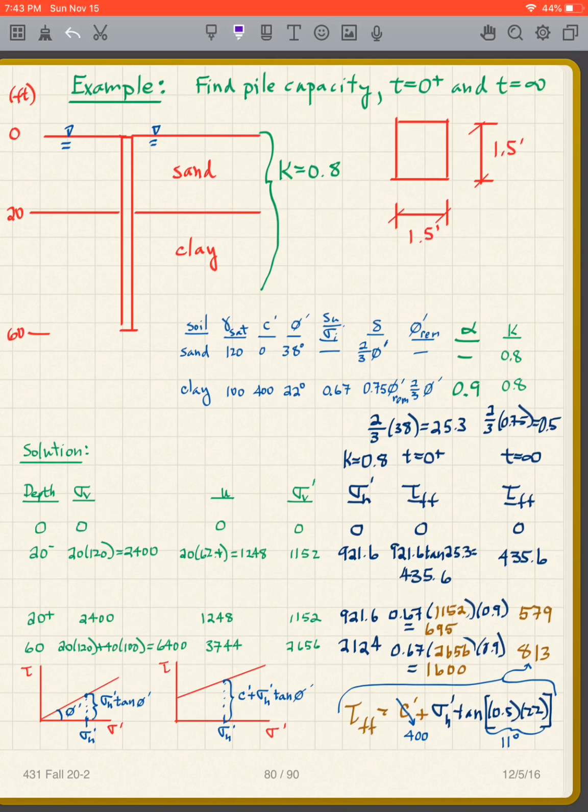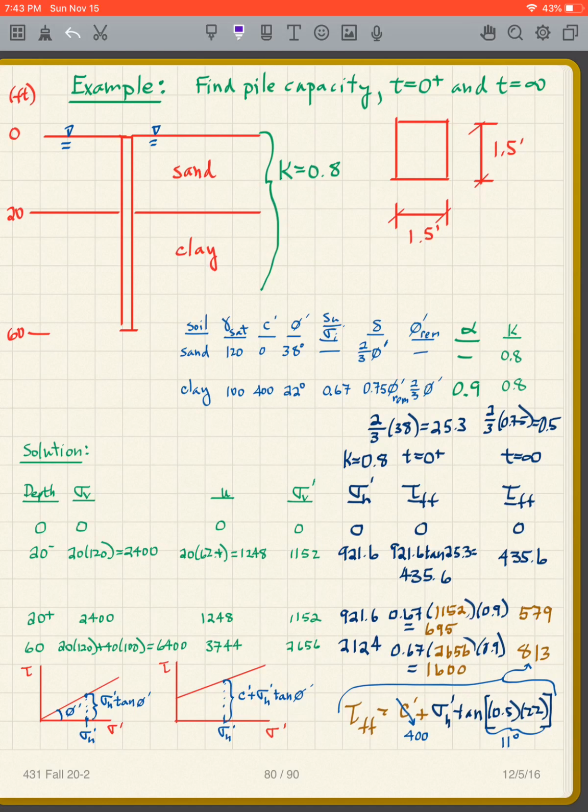So when I get my sigma H prime, that times 0.8 is that. That times 0.8 is that. That times 0.8 is that. So I got my sigma H primes.